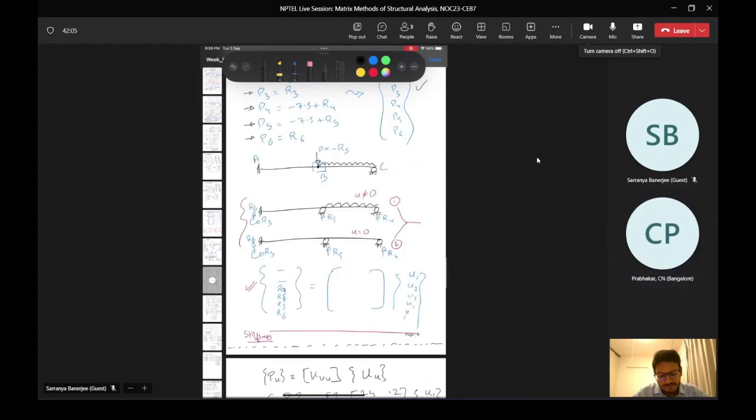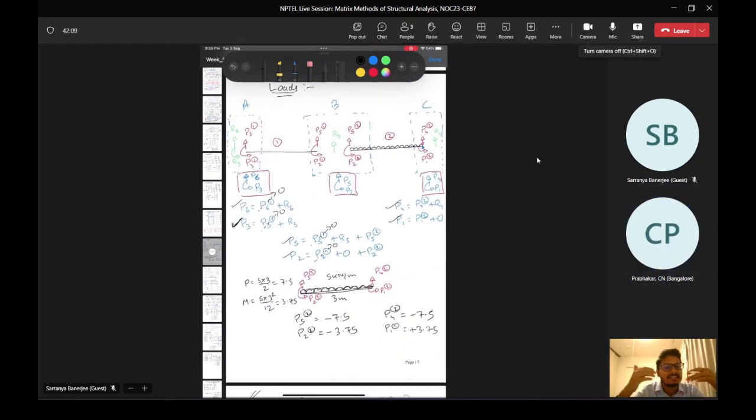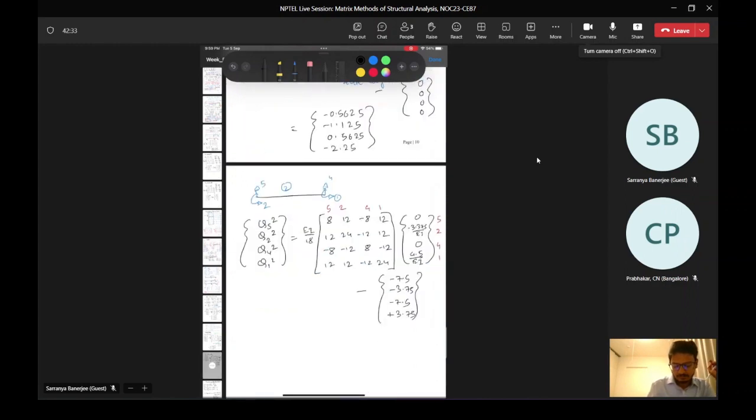So we have the equivalent load on the joint that is in the opposite direction. Actually, if we are taking the equivalent loads on the joints, then we just subtract, and if we are taking the fixed end moments which are in the opposite direction, then we add them, right? So that was the point.